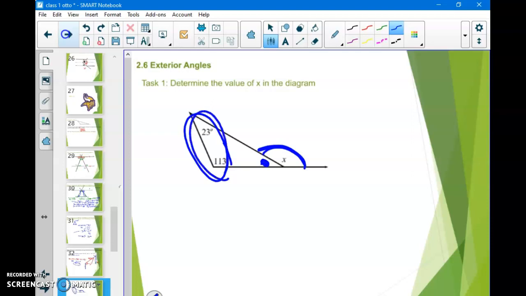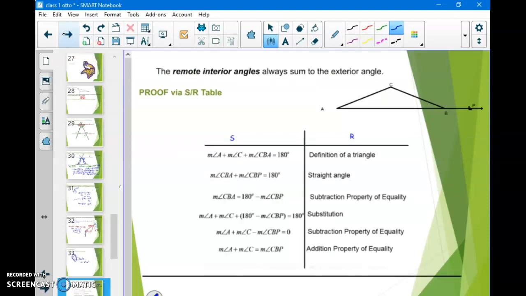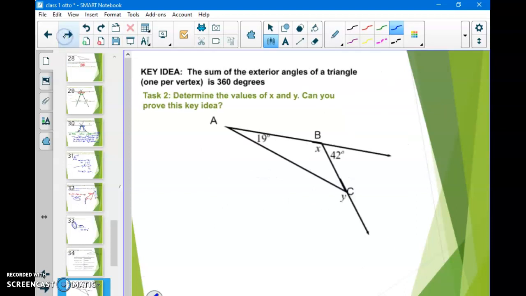These two added up. So x is going to be equal to 136 degrees, because that's the sum of the two non-adjacent interior angles. And here's a proof. You can pause it if you want. I'm not going to walk through it.